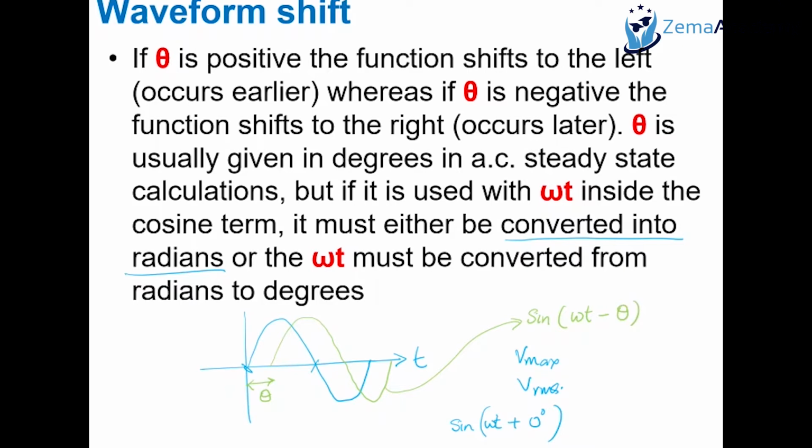So what does that mean? If you start putting omega t equals 0, omega t equals 0 is this point. And that's not the same as sine 0, is it? It is something on the negative side. At omega t equals 0, this sine waveform in green has a negative value.